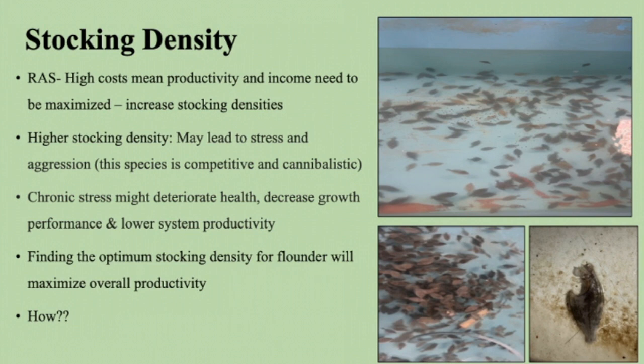If that stress continues for a longer period of time, it might have a negative impact on health. It might affect the immune system of the fish, causing poor growth and poor production, which is not good. So finding an optimum stocking density where we can maximize the productivity while their welfare and health is not compromised is important.